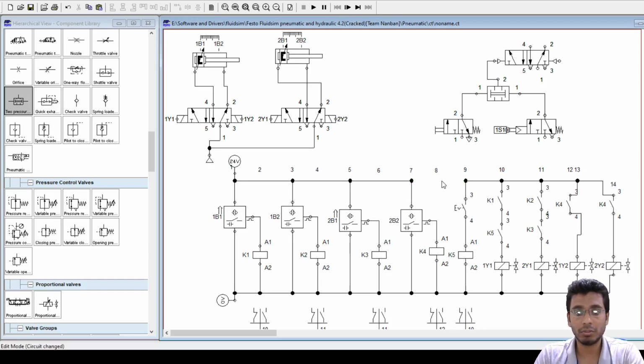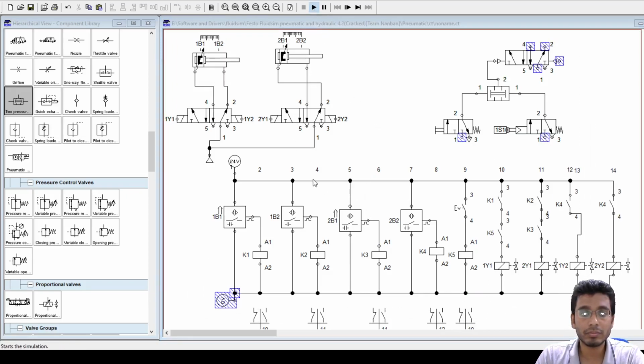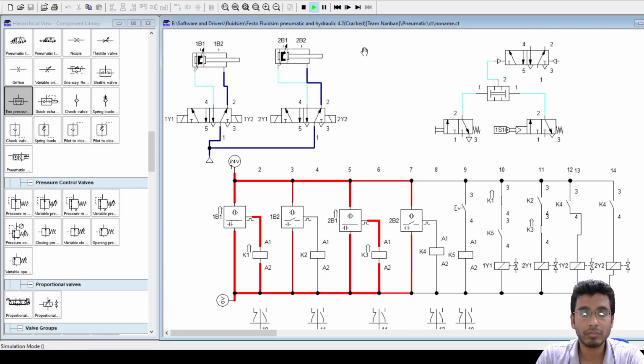These connections are not made properly.